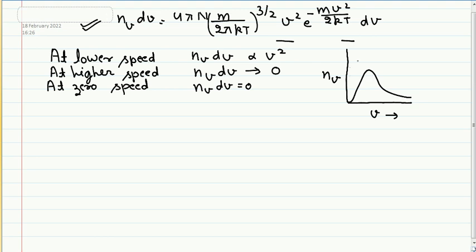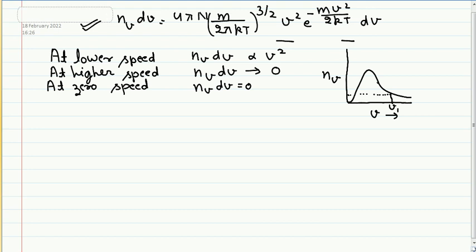So this is the distribution curve, and if we want to calculate the number of molecules at a particular speed v, suppose this is the speed v1, then we will have this much number of molecules.